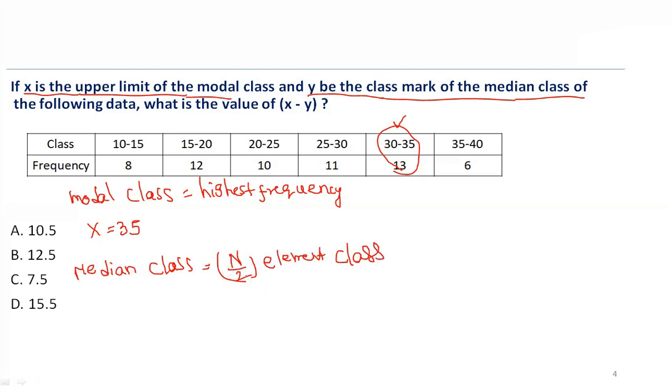To find this median class, first we have to write down the cumulative frequency of the given values. So let's write the table with the class, the frequency, and the next column as cumulative frequency.